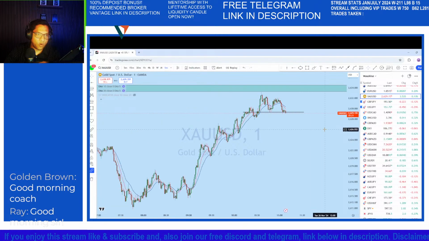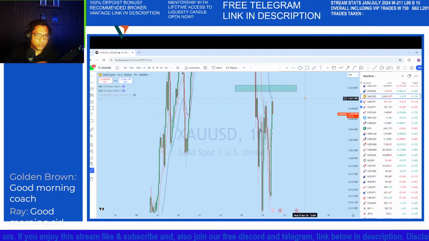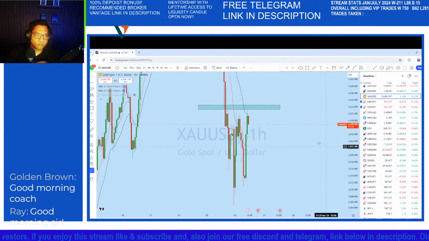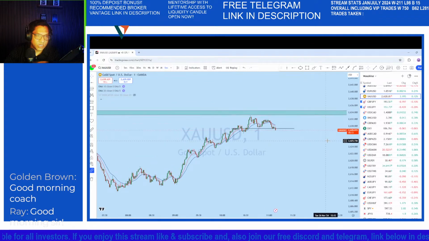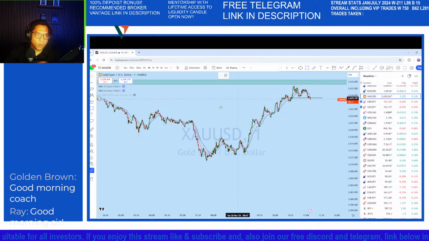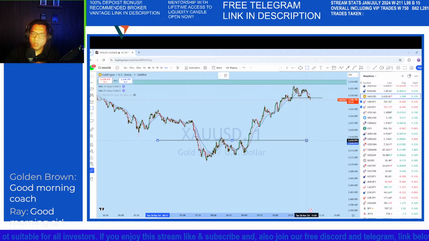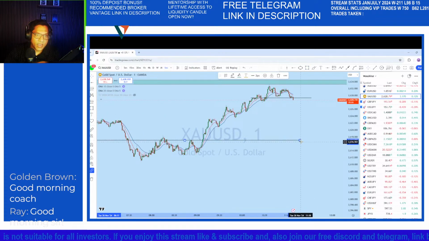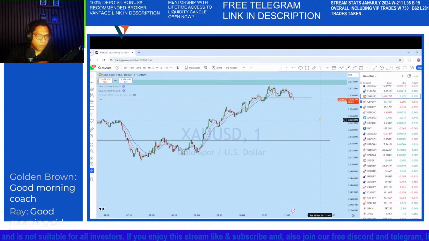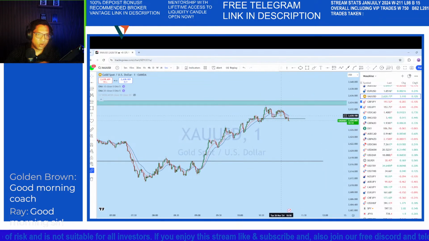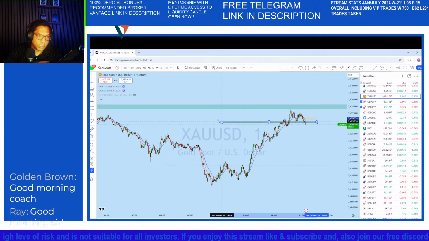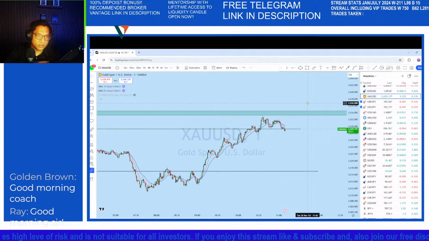So I was looking for a potential entry opportunity as we have a little time left. Let's see where we might find a potential entry. If we look at the 1 minute chart, this is the order block on this lower time frame on XAUUSD, and from this order block I'm expecting the market to grab liquidity and then potentially return back to the downside.